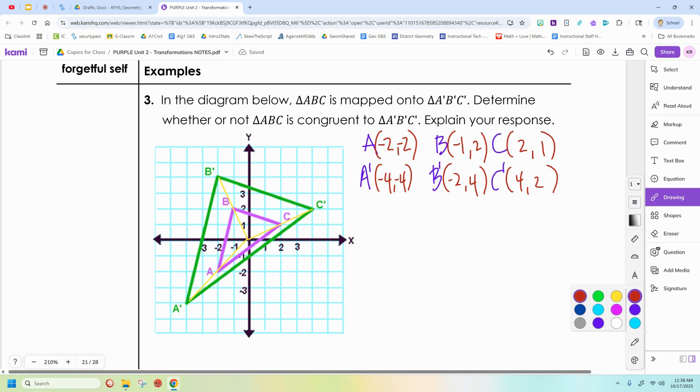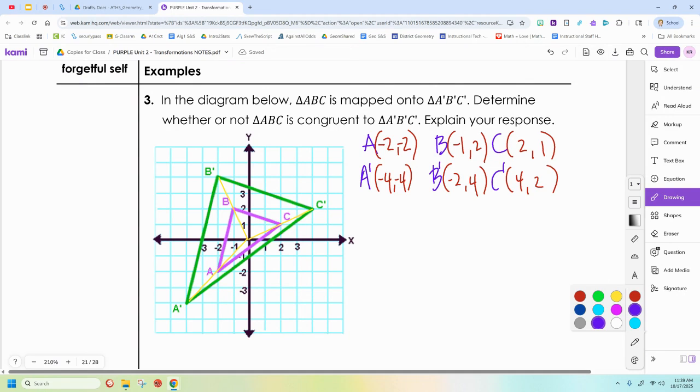What do we know about this dilation? How do we describe dilation? Luca, what do you got? It enlarges or shrinks a triangle or a shape. Okay, so describe this dilation to me. It has a growth factor of 2. Good. So just drop off the growth, and say scale factor.